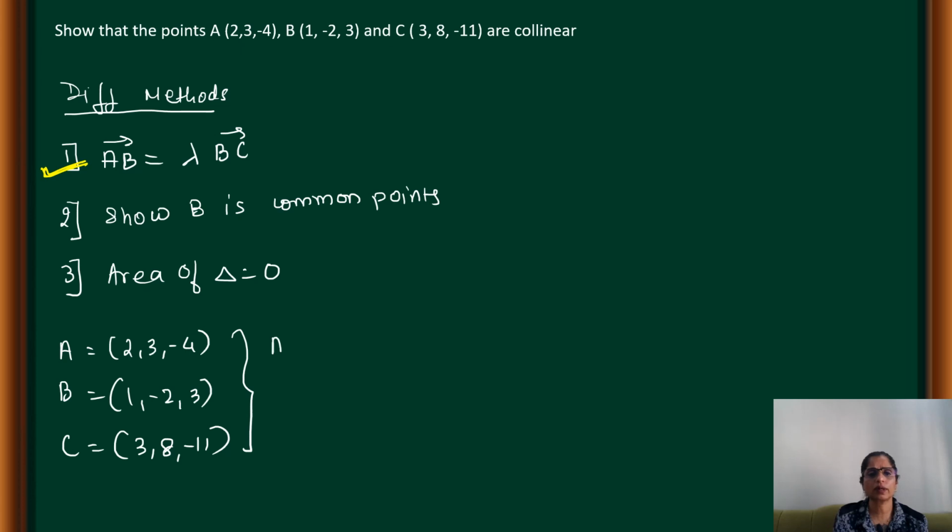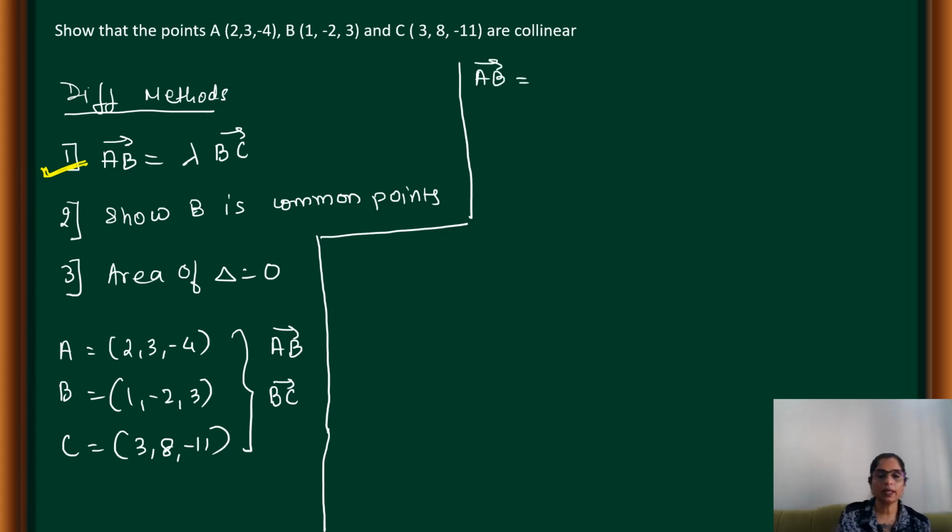We are supposed to find out AB vector and BC vector. Once we find that out, I think we should be able to easily solve the question. So let's find out here what is AB vector.